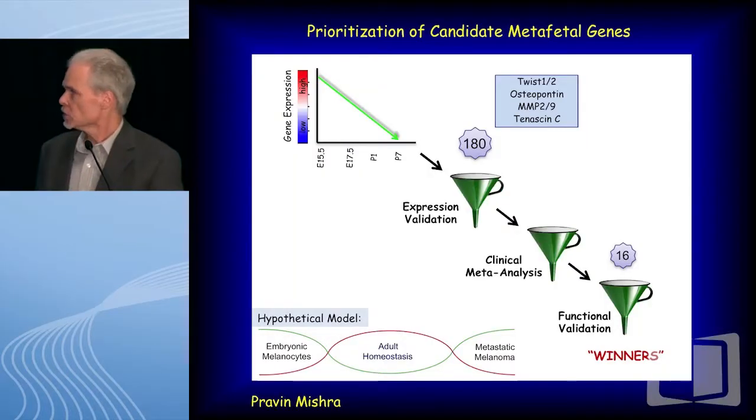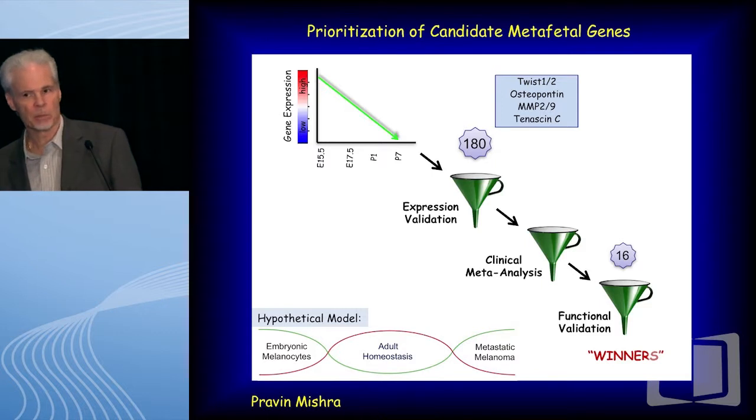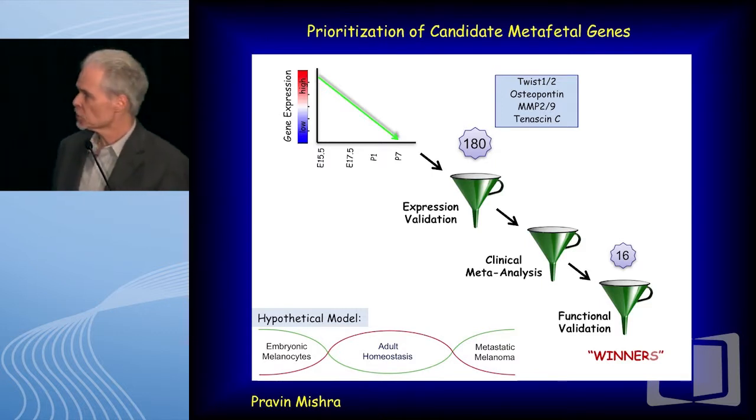And we decided to start with this group, which we call meta-fetal genes, for metastasis and related to fetal development, because they're a little easier to study. They're sort of dominant, and you can knock them down and see if they have changes in the phenotype. So here's an example. This was a study that was started by Teresa Guo in the lab and picked up by Praveen Mishra, who's a graduate student.